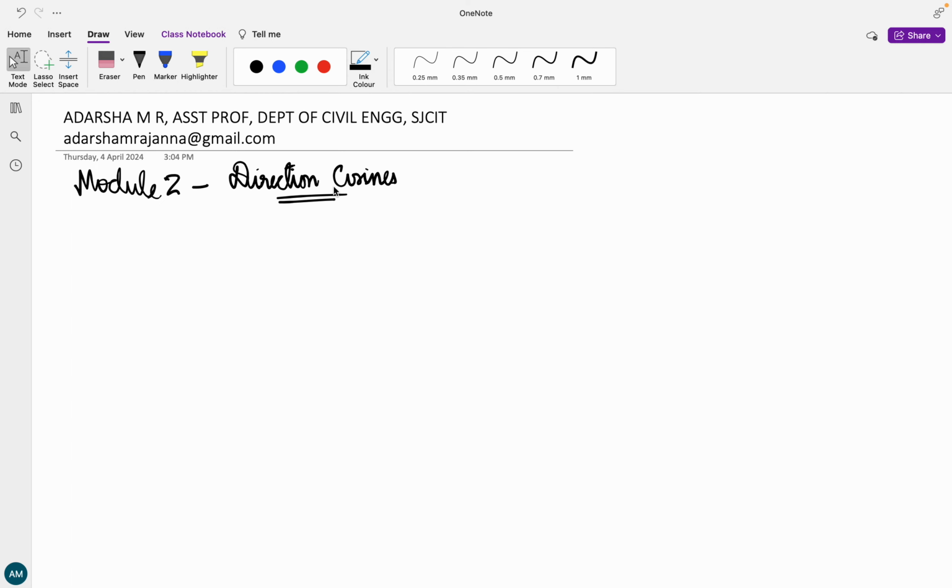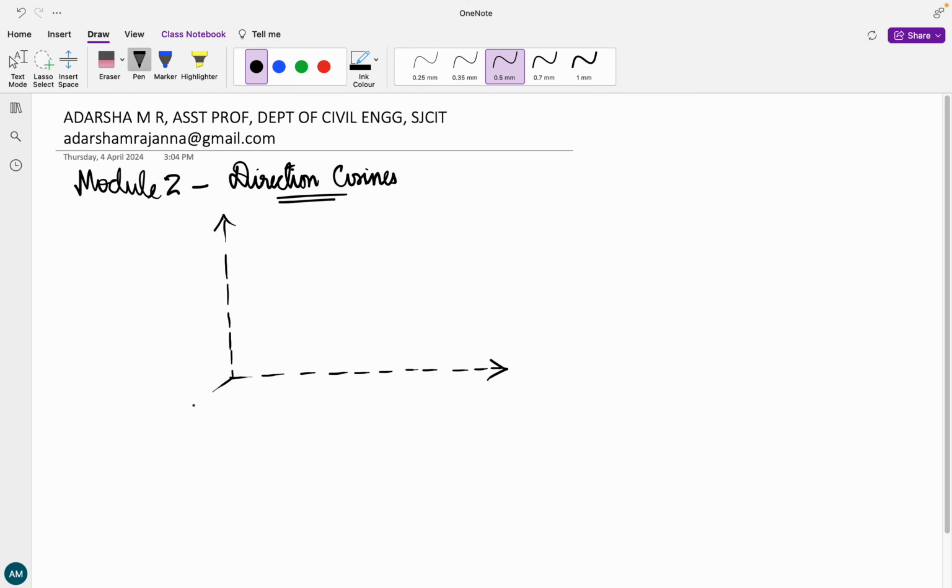First let us consider a three-dimensional object. For boundary conditions I had just drawn a two-dimensional plane and then we had just written an outward normal over there. Now I am going to draw a three-dimensional object here.